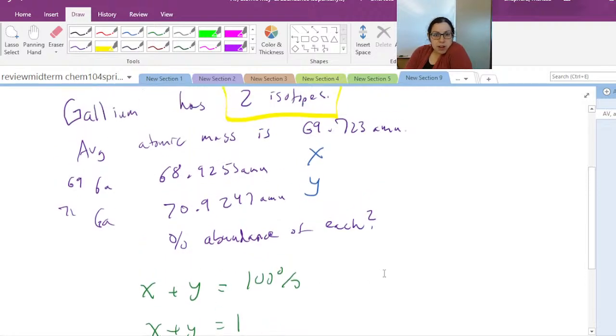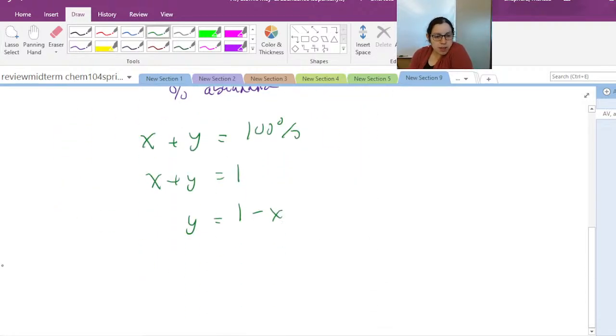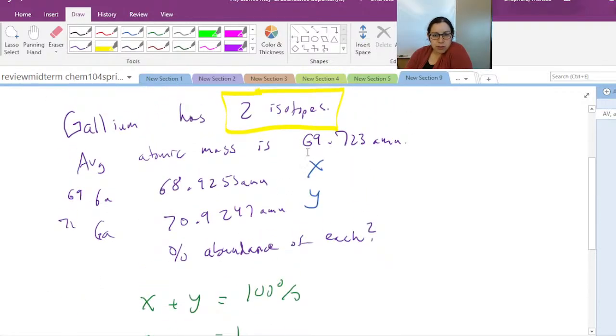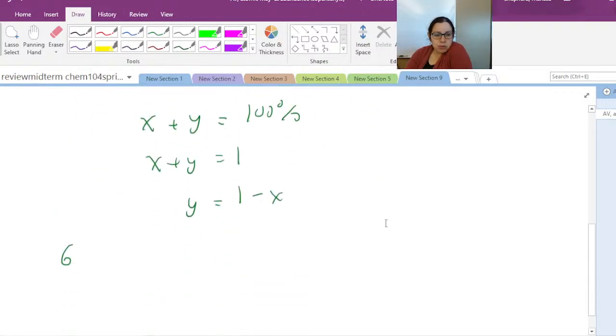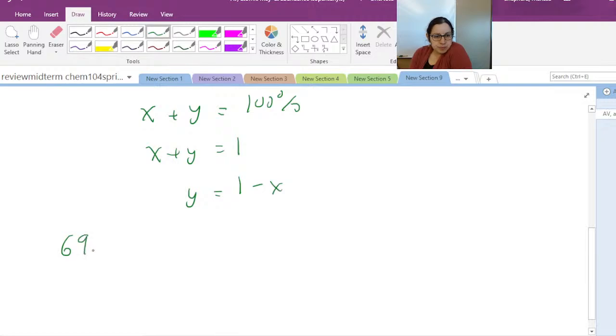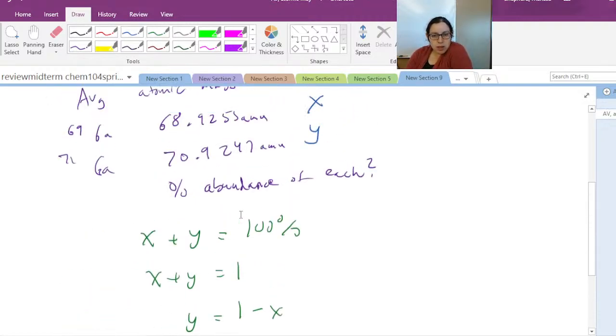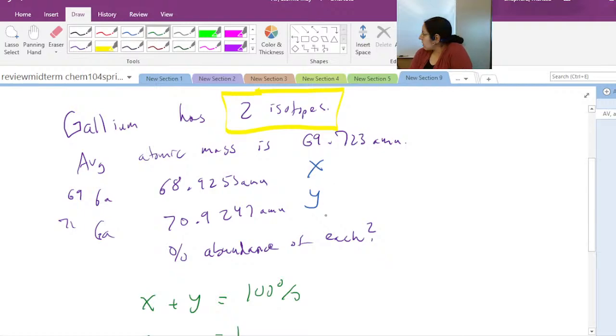Now we can write our setup. So, if our average, sorry, I've got to do some scrolling, 69.723 is equal to, and then pick which one's X, which one's Y. It doesn't really matter. But now I'm going to rewrite Y as 1 minus X, so we'll plug that in.